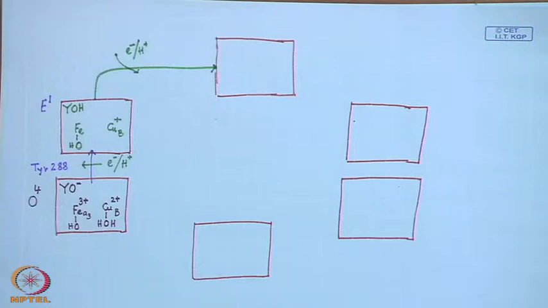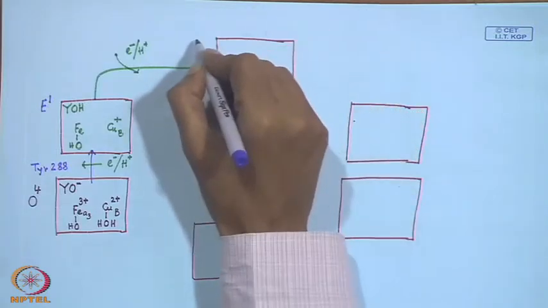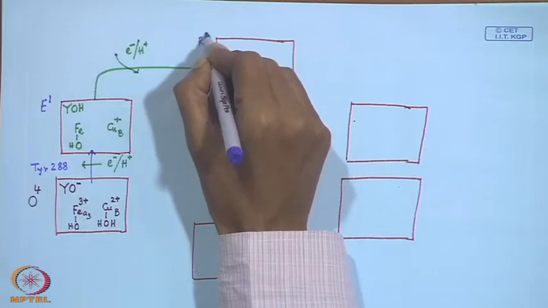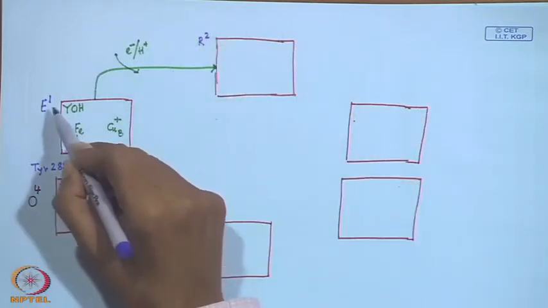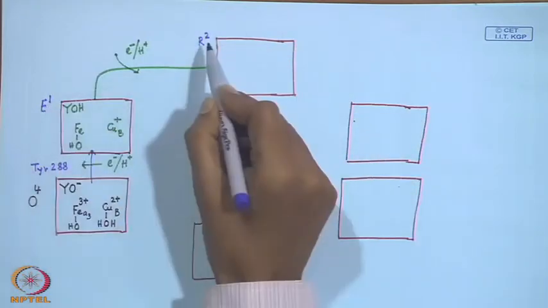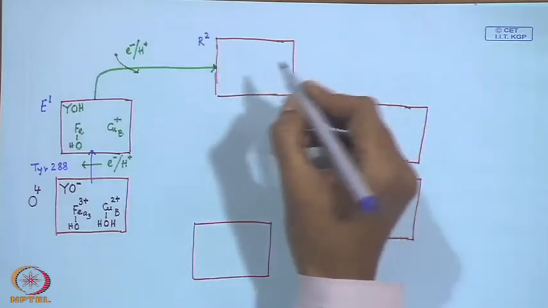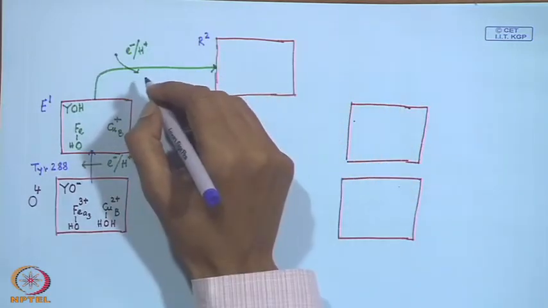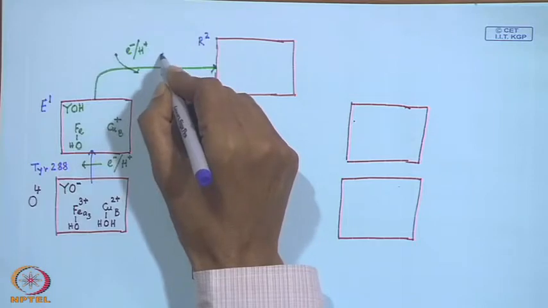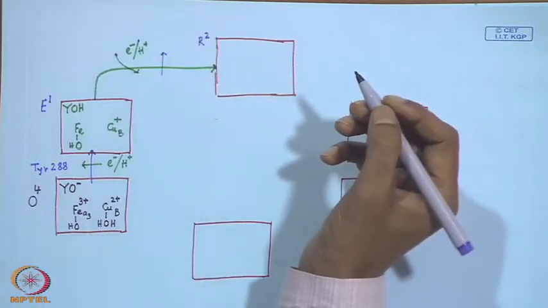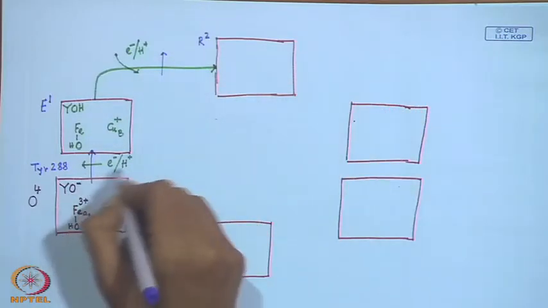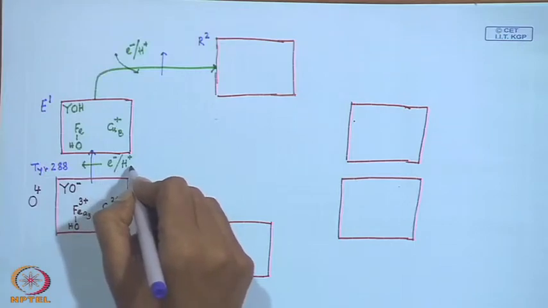The second electron gives us the corresponding state which, as we already saw, is R2. The first electron gives E1, one electron transfer, and this is the second electron transfer.